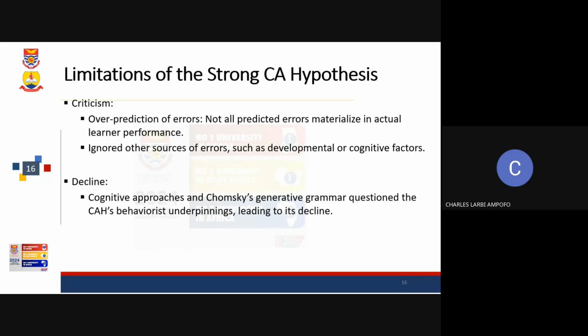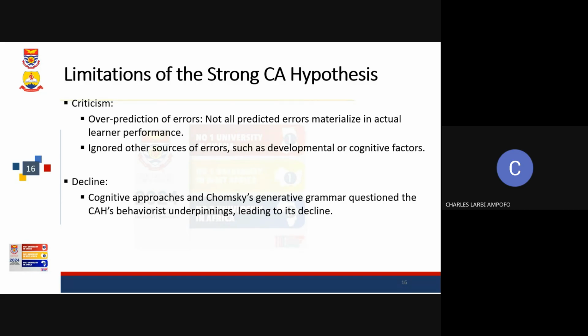The criticism leveled against them is that not all errors are a result of transfer from L1. There may be other factors or sources that will make someone commit an error in learning the second language. Some of these may be developmental or cognitive factors.